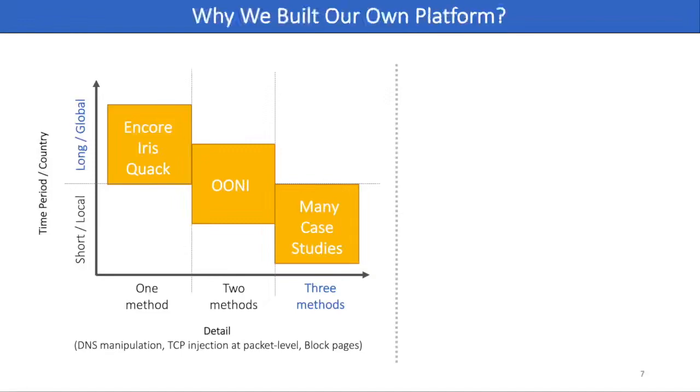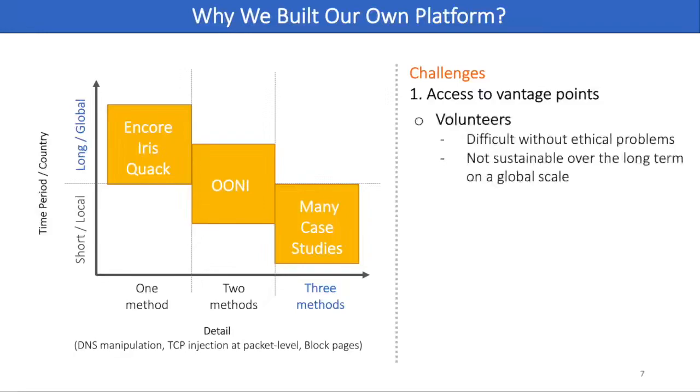One of the challenges of the current studies is to get access to vantage points. As we need to be inside the network to see how a censor behaves, it is difficult to measure censorship happening in places far away from us. To solve this problem, many case studies rely on volunteers to run measurements.